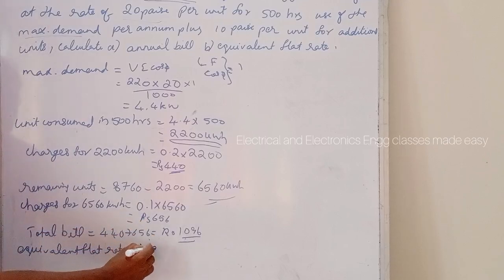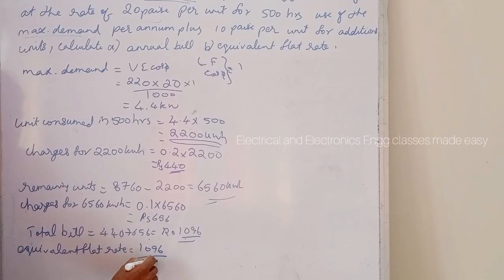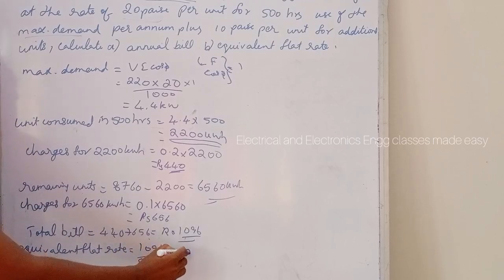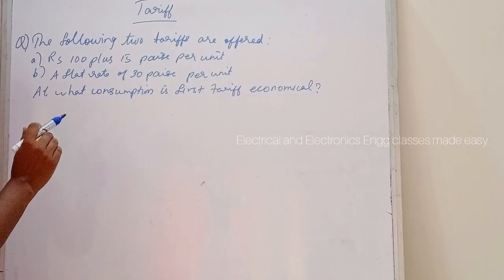It is 1096, and the unit is the total unit, that is 8760, and that is equal to 12.5 paise. So in this way we are doing the problems related to tariff. Let us do another problem.